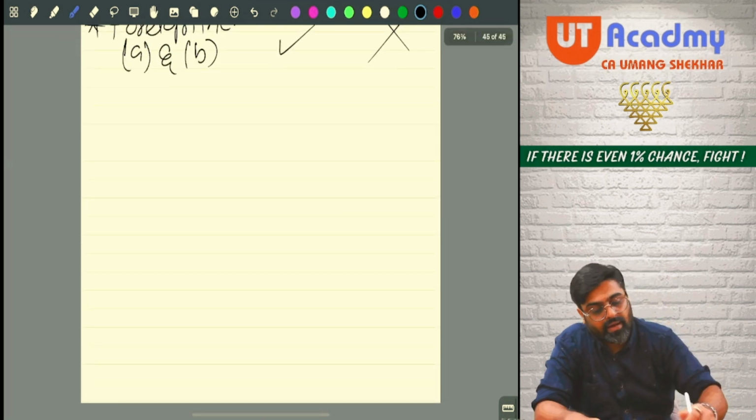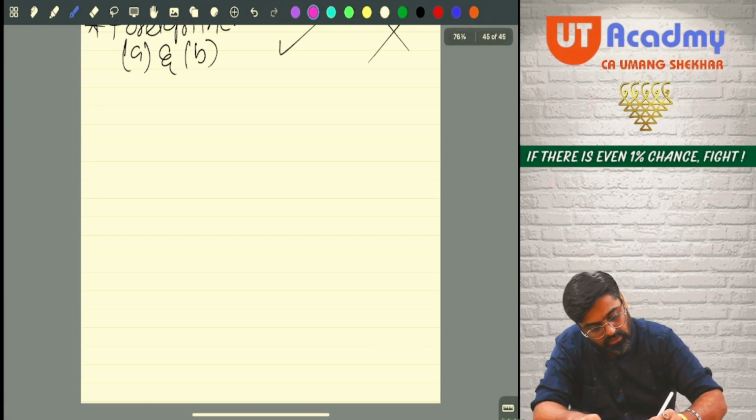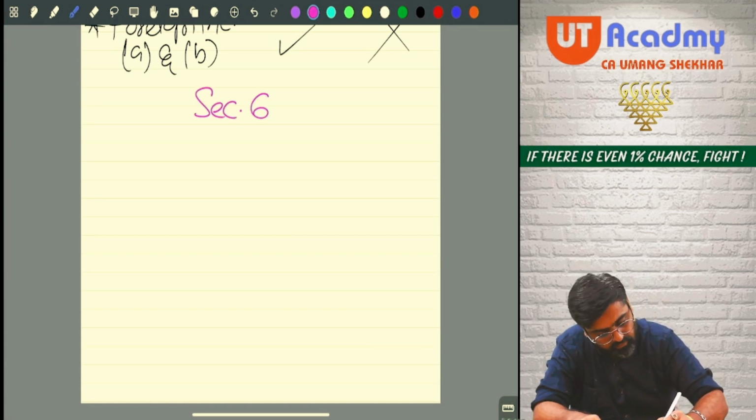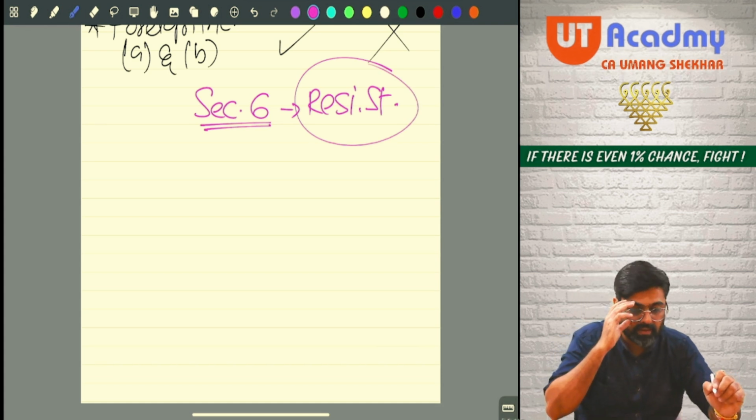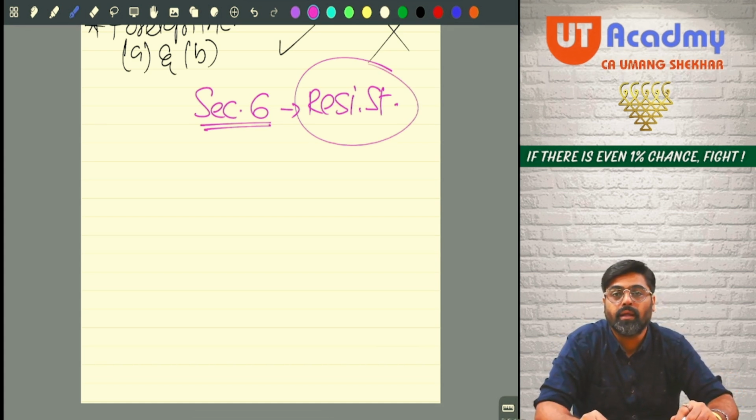Now see, if I come to section number 6, section number 6 is talking all about residential status, that how to determine the residential status of any assessee.